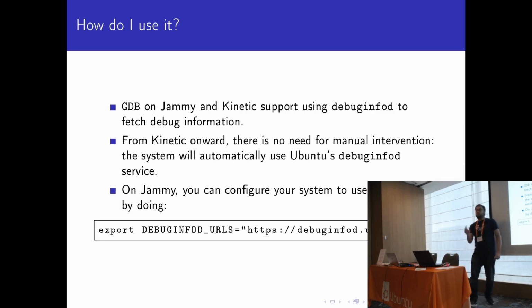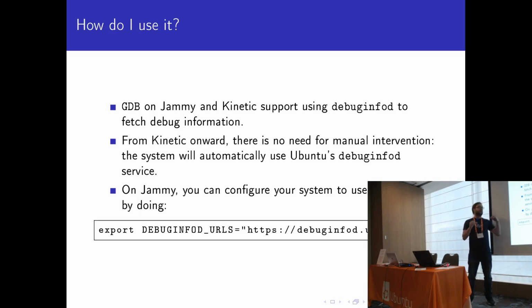For Focal and Bionic, the problem is that GDB doesn't support Debuginfod. So even if you export the variable that tells GDB to use Debuginfod, GDB won't know what to do. And as I said, it's more complicated still because I don't think I'll be able to convince the SRE team that a GDB MRE is justified.